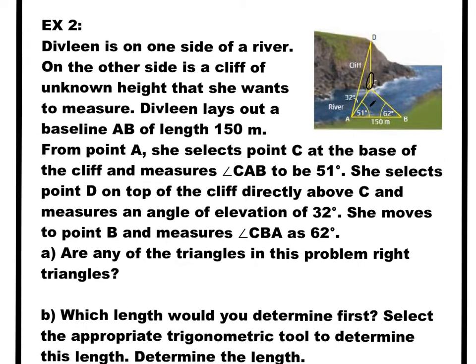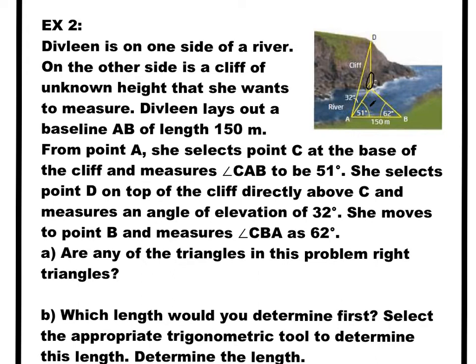The next part of the problem says, which length would you determine first? The whole question in this problem is to find the height CD. How we find the height depends on all the information given. In the base triangle, what I would try to do is to find the side AC first.